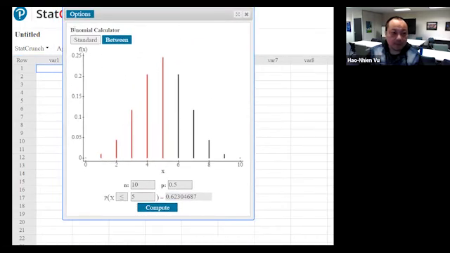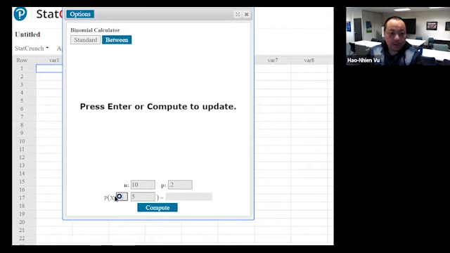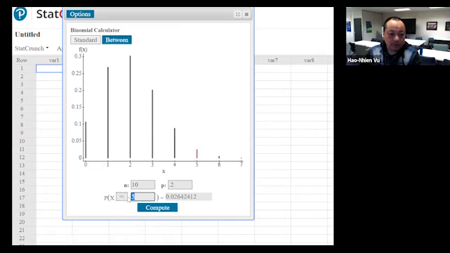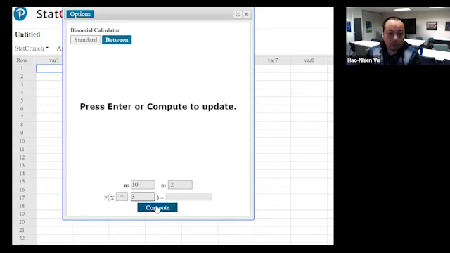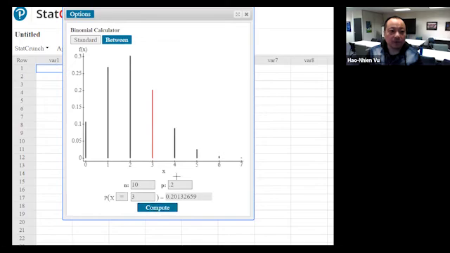It says up here binomial calculator. I fill in the information: n is equal to 10, P is equal to 0.2, and I fill in this probability. I want X equals 3, so I click on this drop-down menu and I choose the equal sign, and I change this number to 3. I click compute, and I have the answer of 0.201.